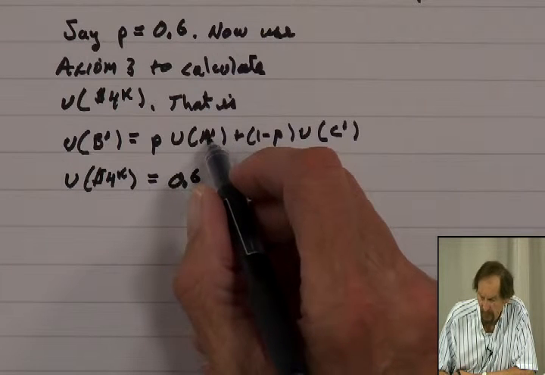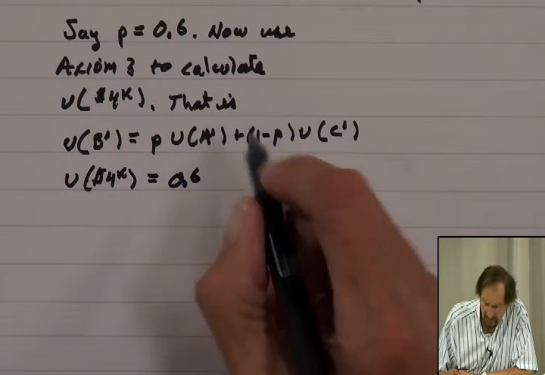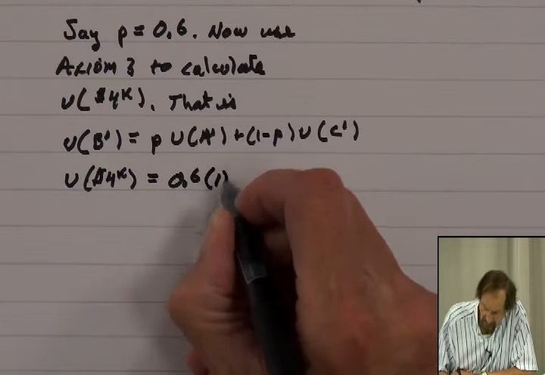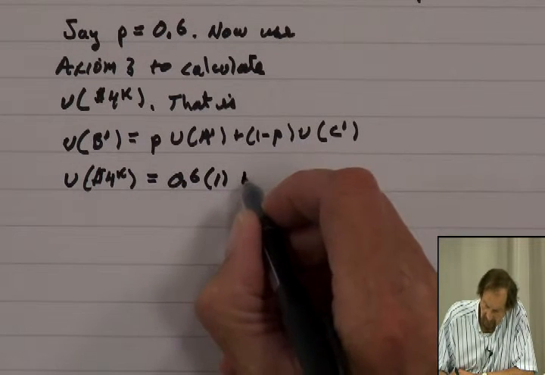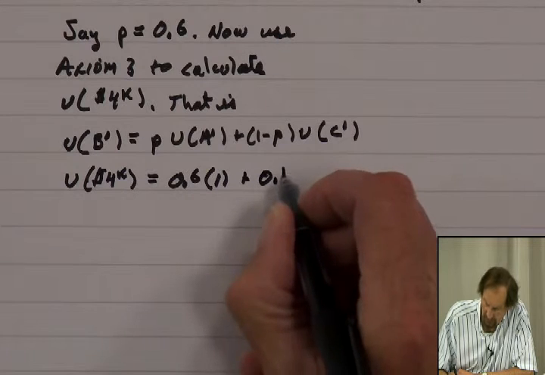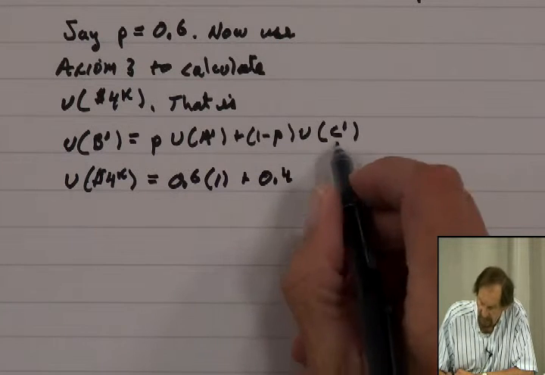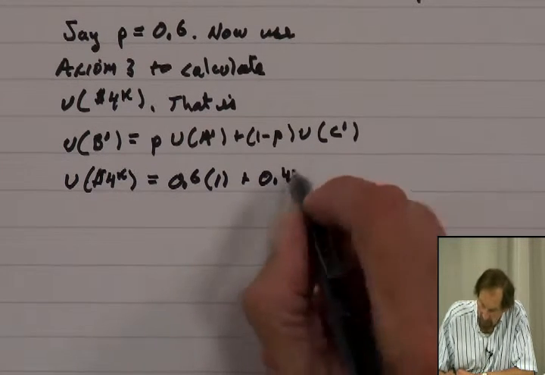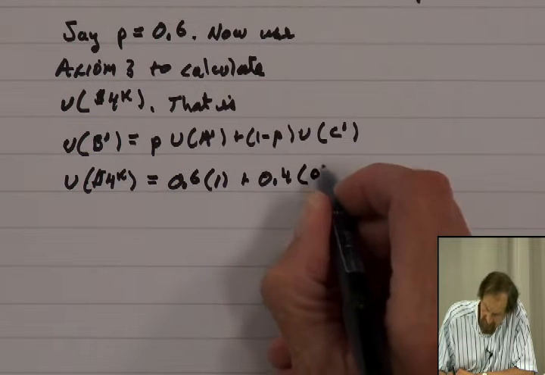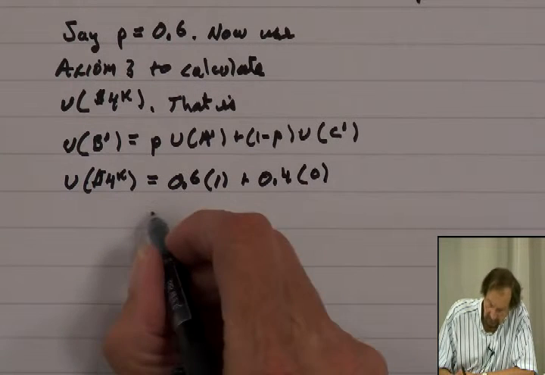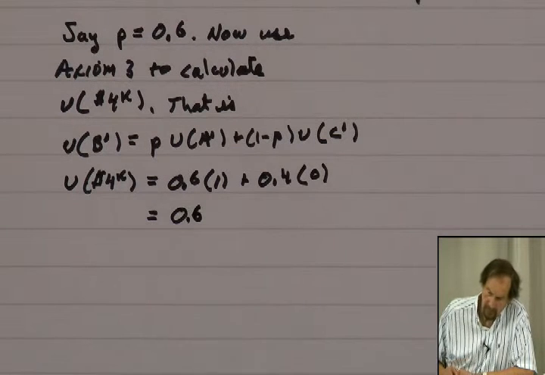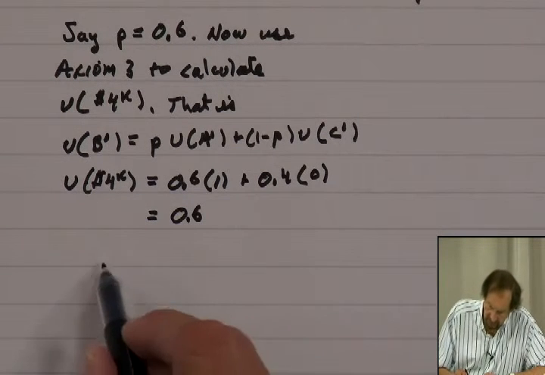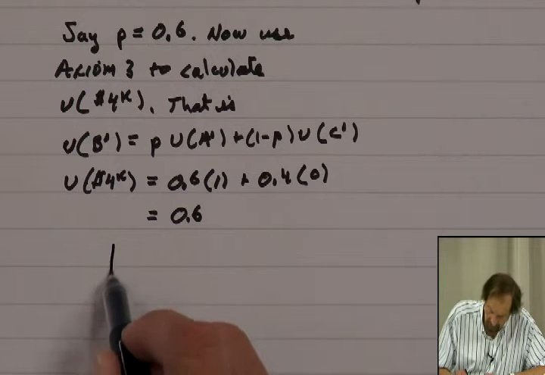A prime is the 10,000, so its utility is 1, plus 0.4 times the utility of C prime. C prime is 0, so the utility of that is 0, we said. So this equals 0.6.